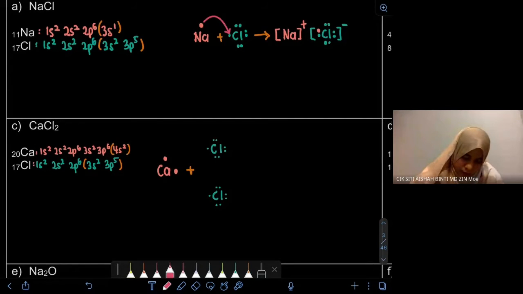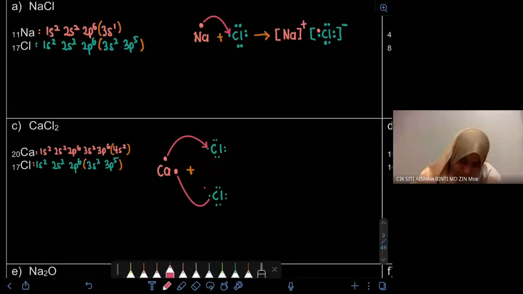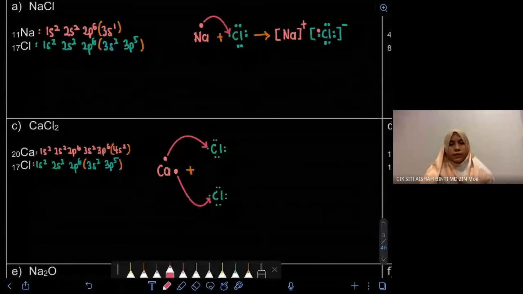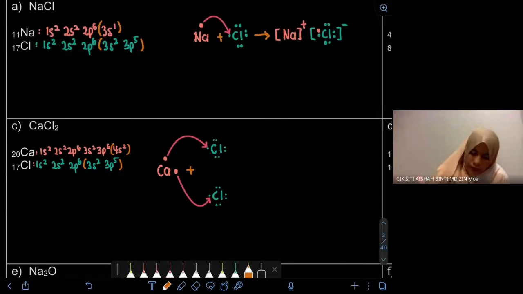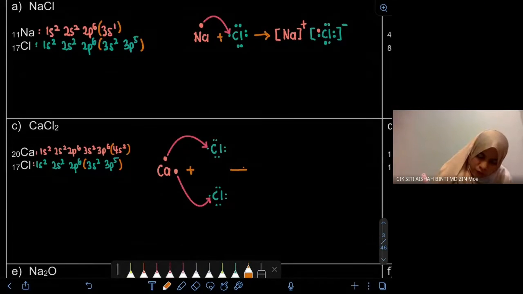Kita buatlah sini. Calcium ni satu elektron to our chlorine here. Another one to our chlorine here. So this is actually to show the movement of electron lah.